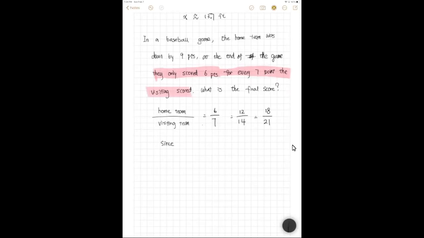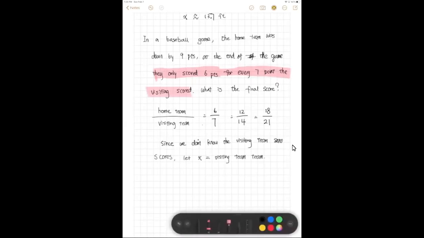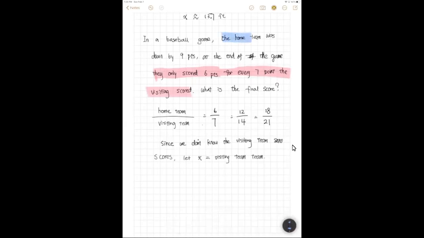Okay, so since we don't know the visiting team's score, let X equal the visiting score. So what would be the home team? The home team was down by 9 points.